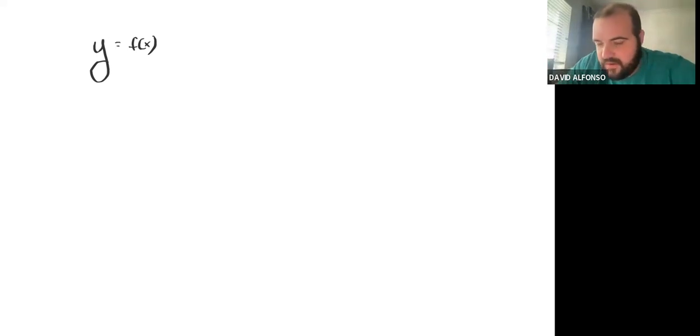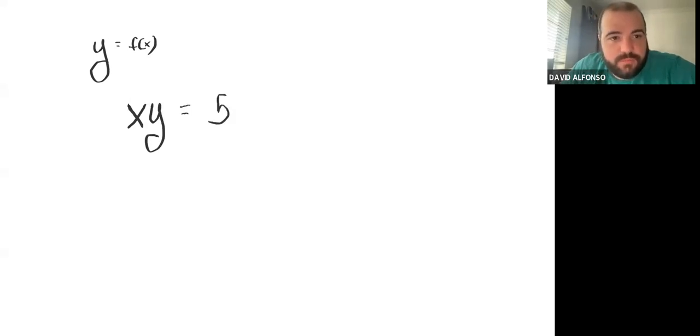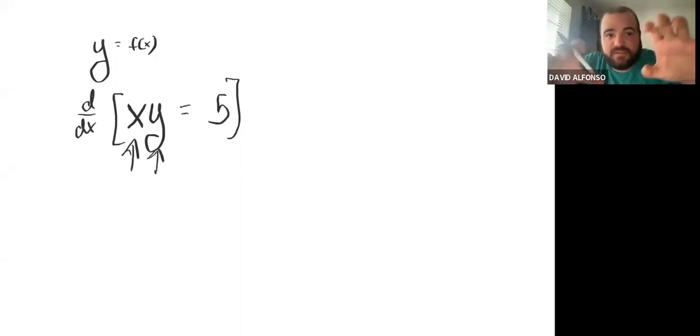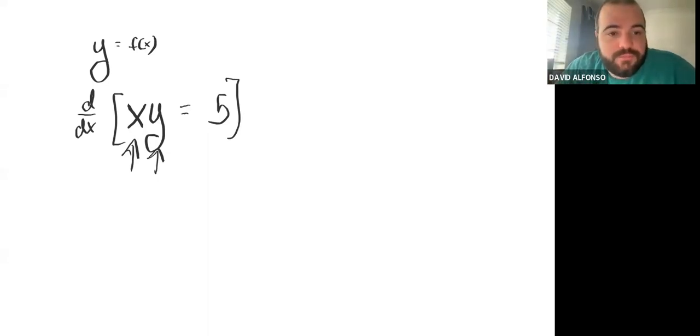So that means if you have something like this, this would actually require product rule. Because if you want to get the derivative with respect to x, x is a function of x and y is a function of x. So you have two functions of x multiplying each other, so you would have to do product rule, right?